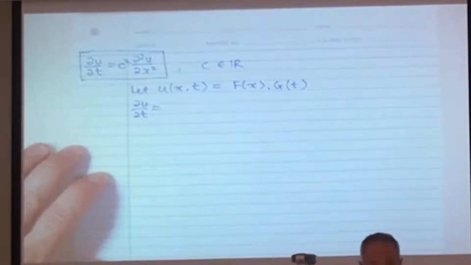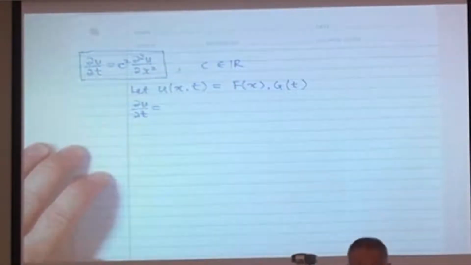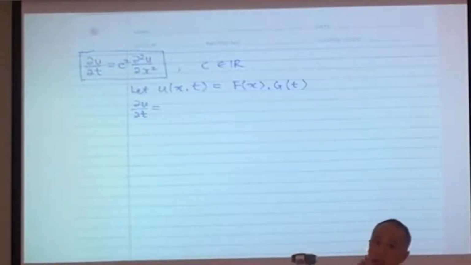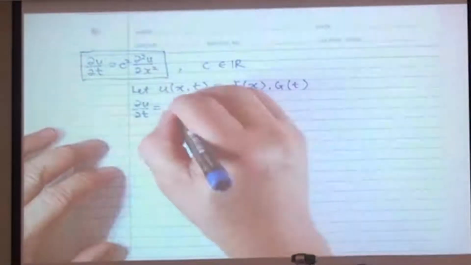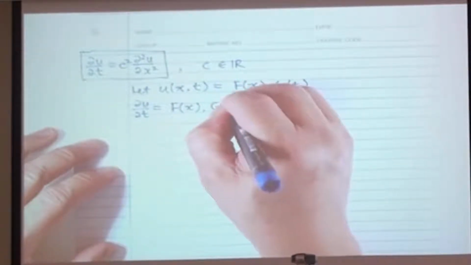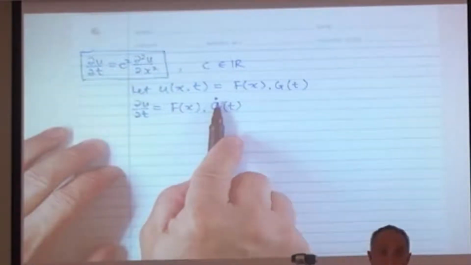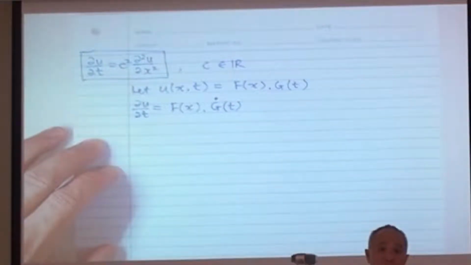Now I'm going to use the dot notation for d by dt. If I differentiate the right hand side with respect to t, f(x) does not change, so it remains there like a constant, and then g of t, I use the dot. The g dot means dg/dt.